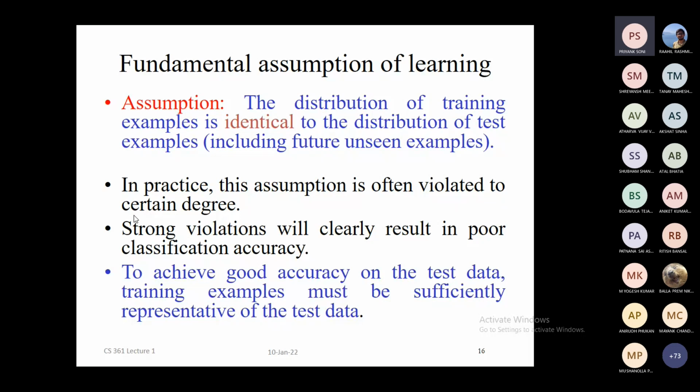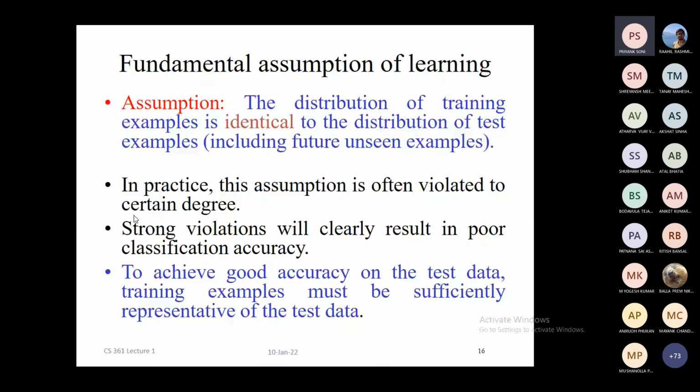Here you can see that a strong violation will clearly result in poor classification accuracy. That is very sure, because if the data has a completely different distribution, obviously it will fail to classify. But sometimes, based on some design criteria, we'll see later how your classifier generalizes well.